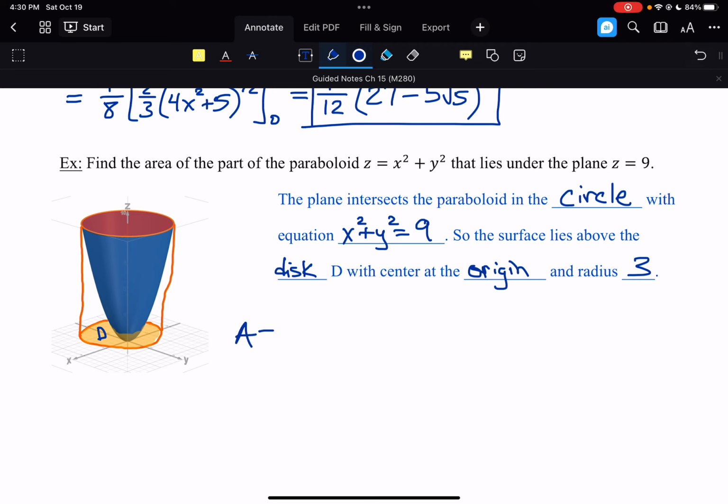So if we set this up, area is double integral over D of the square root of 1 plus partial of this with respect to x is 2x. So I'm just going to square that, so that's 4x squared. And partial of this with respect to y is 2y. So square that, that's 4y squared. dA.